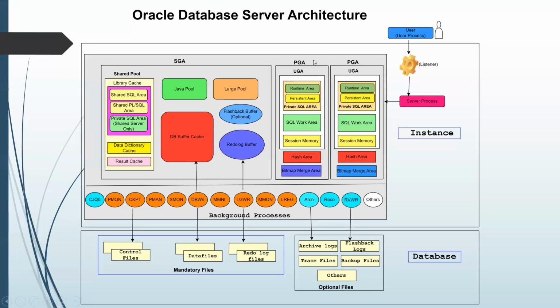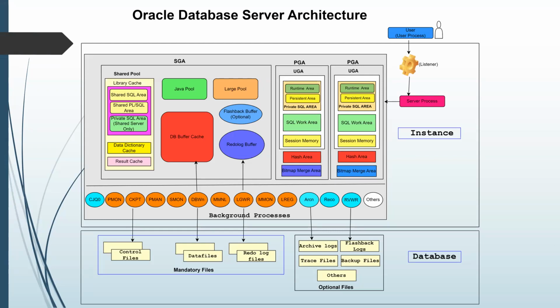And what would be the hash sorting? See, there are SQL queries that users are firing, either manually or coming from an application. Now, if there is some operation doing a hash merge join, or some kind of hashing operation has to be done for the queries, in those scenarios the hash area will come into the picture. A similar thing applies to the bitmap merge area also.